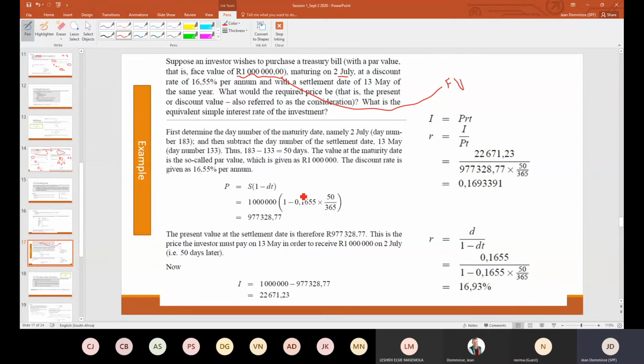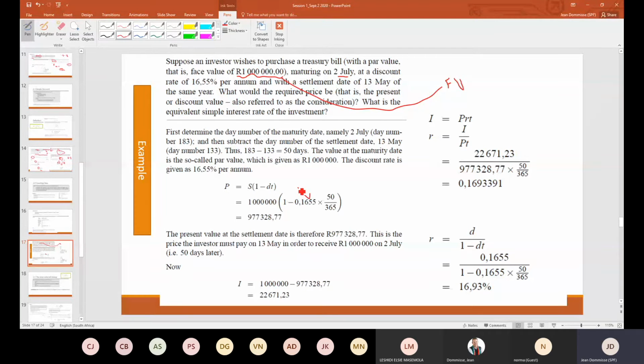Here we need to use the discount formula, which was 1 minus the discount rate times T. The 16.55 in decimal format is just 16.55 divided by 100, with a settlement date of 13 May.